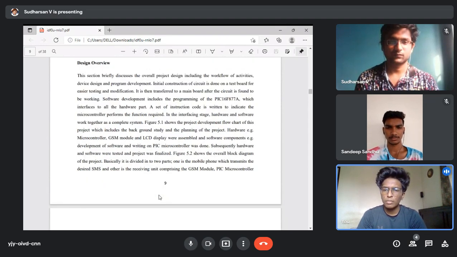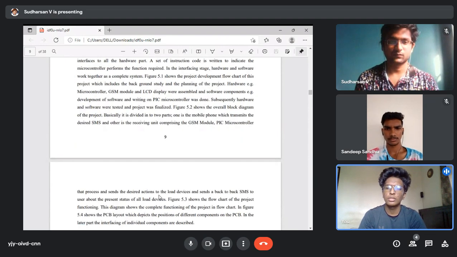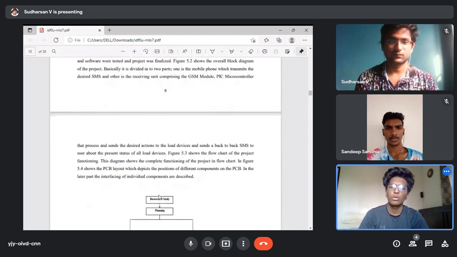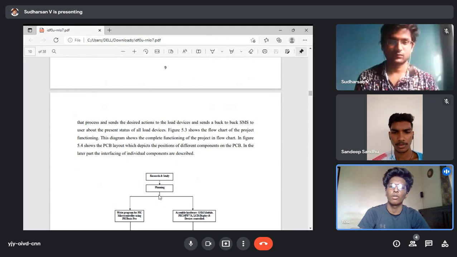The described actions are sent to the connected devices. The second sends back an SMS to the user about the present status of all the devices.